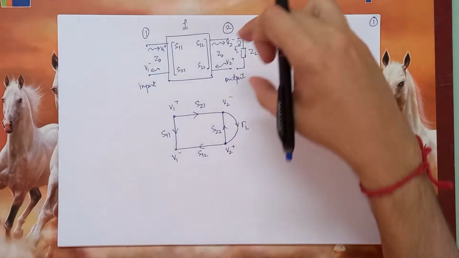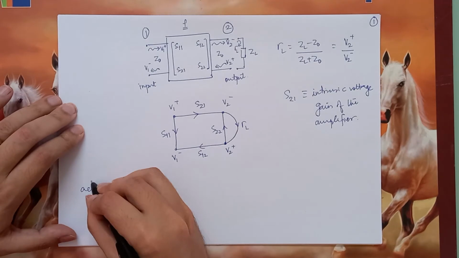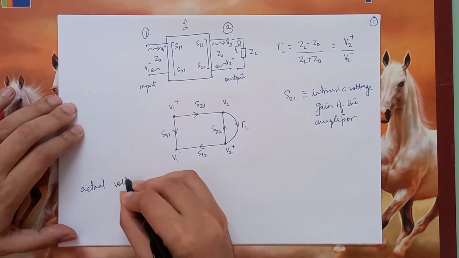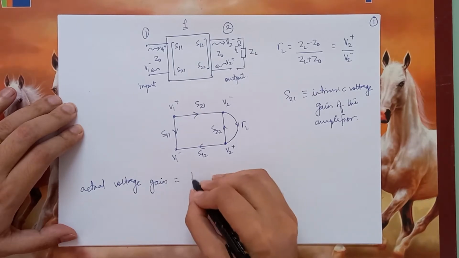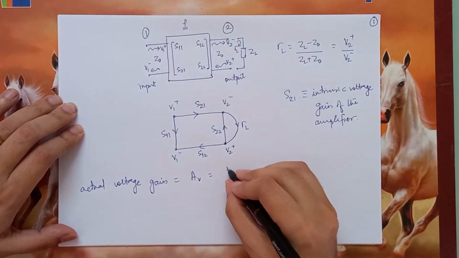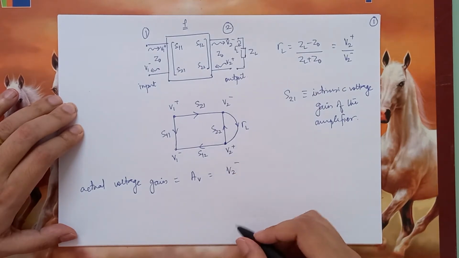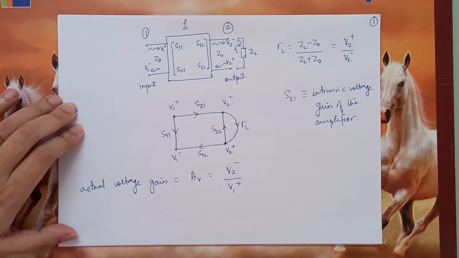But after connecting some load, we cannot expect to always get S21 itself as the total gain of the amplifier. So we want to know the actual voltage gain. Let's say this is AB, and we define it as the output wave divided by the input wave. The output wave is at port 2 and the input wave is at port 1.